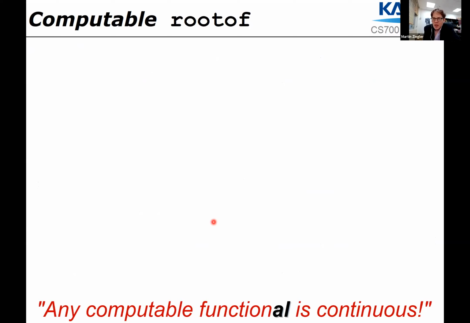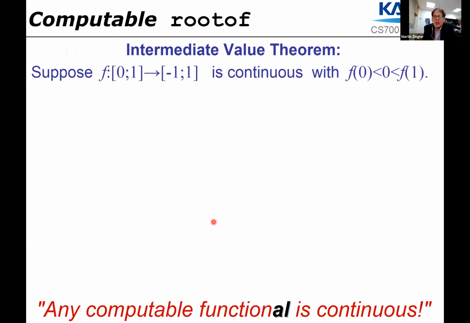So you're already maybe bracing for the negative example, but first let's see sufficient conditions for when the root of a function is computable. To this end, we're going to look at the intermediate, not the mean, but the intermediate value theorem, which gives sufficient conditions for a continuous function to have a root, namely if the function is on the unit interval and it's negative on one end and positive on the other end, then by the intermediate value theorem, it must vanish somewhere in between.